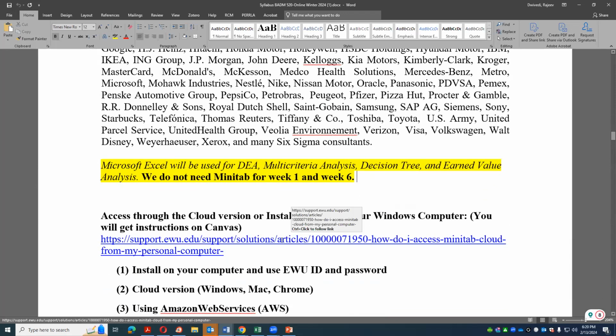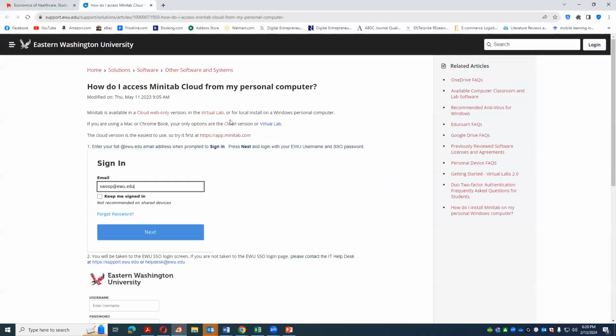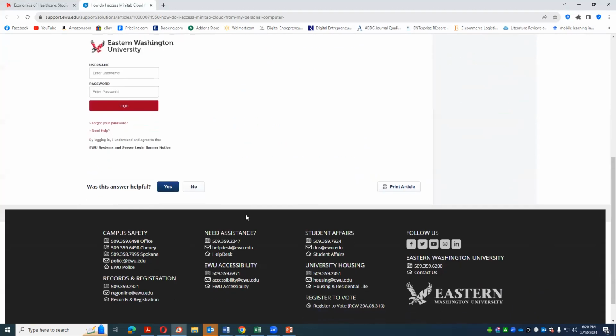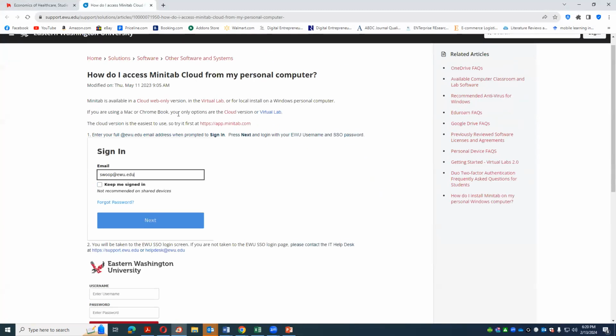How do you get Minitab? Just click this link, or there are many links available, and follow these instructions, and you will get Minitab. You can download it on your Windows computer, but if you have a Mac or a Chromebook, you can use the virtual online cloud version or virtual lab.